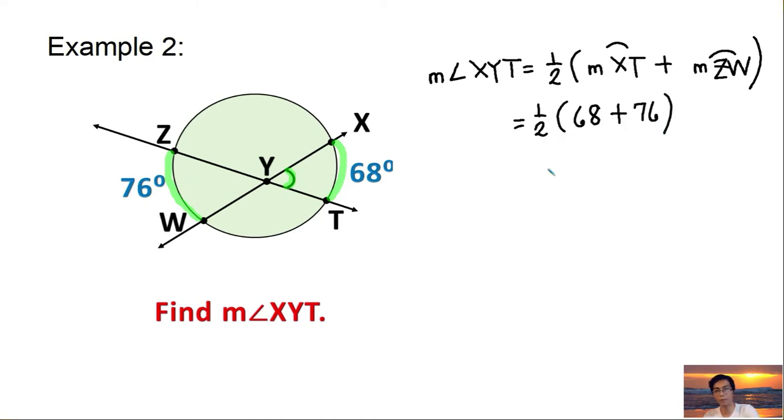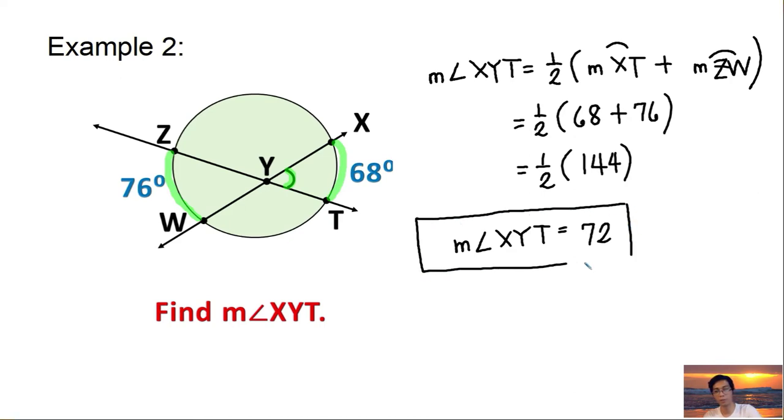So, 1 half, 68 plus 76, when you add these two numbers, the answer is 144. So, last step, kakalahatiin na lang si 144. So, the measure of angle XYT is equal to 144 divided by 2 is equal to 72. So, this is now our final answer.